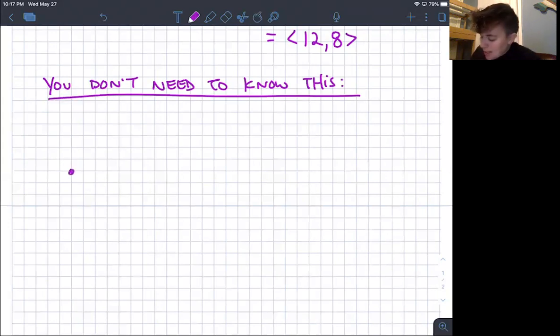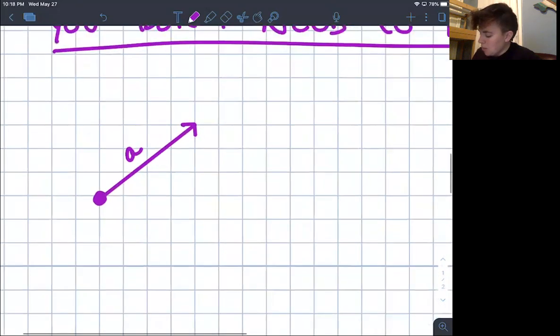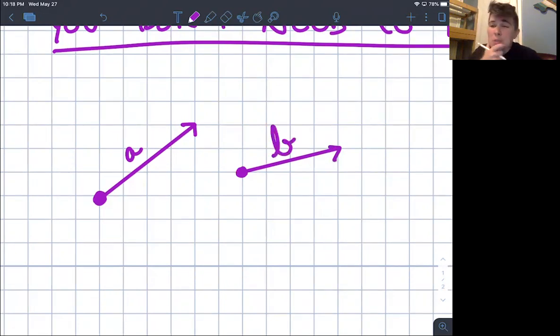So if I was taking this vector right here, and let's make it line up nicely with a point on the grid, we'll call that vector A. And then we take this vector right here, and we'll call it B. Remember, for vectors, we usually use lowercase cursive if we're just using one letter instead of the endpoints.